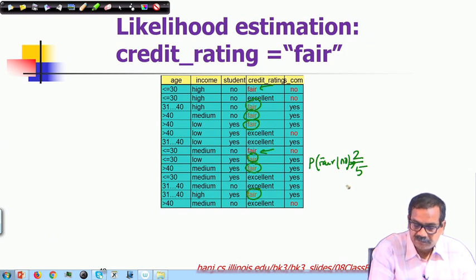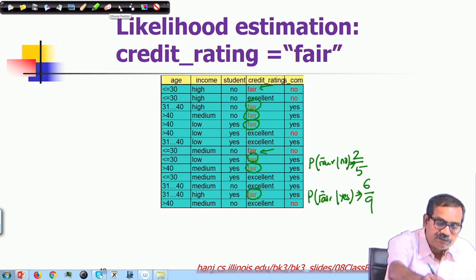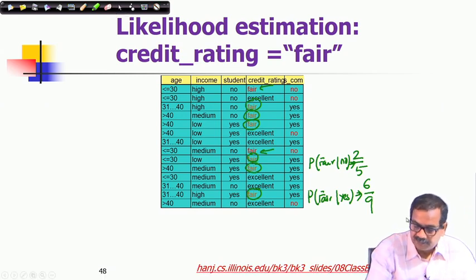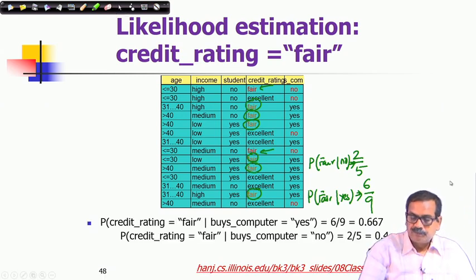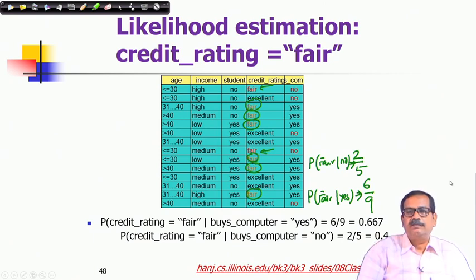So, that is 6 by 9, credit rating fair given persons buy a computer. So, these are the likelihood estimates that we can compute.